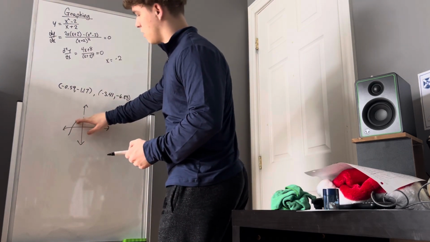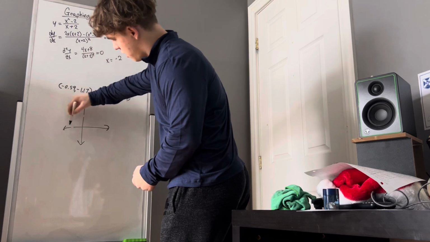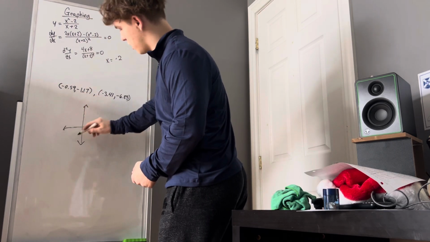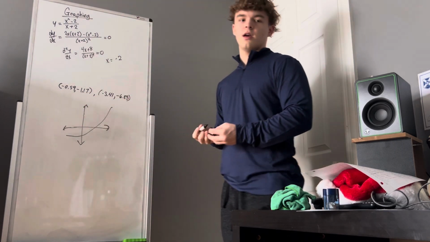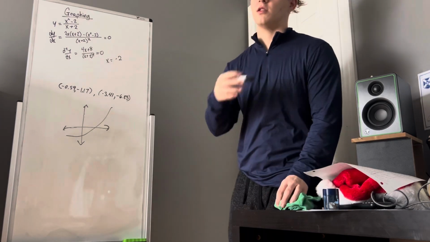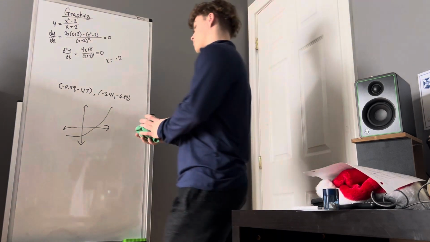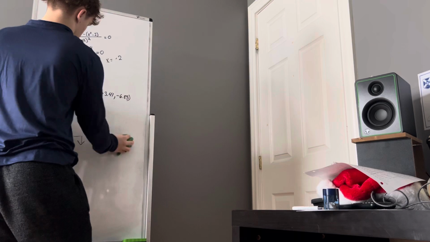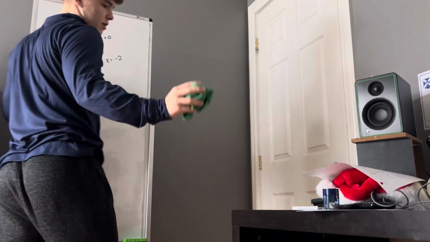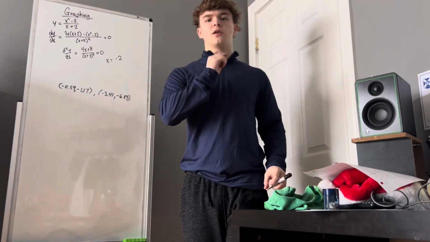And the opposite would go for a concave up. It would go like this. A good example of this would be an exponential function. They are always concave up. Always increasing, always concave up. Every derivative is always positive.